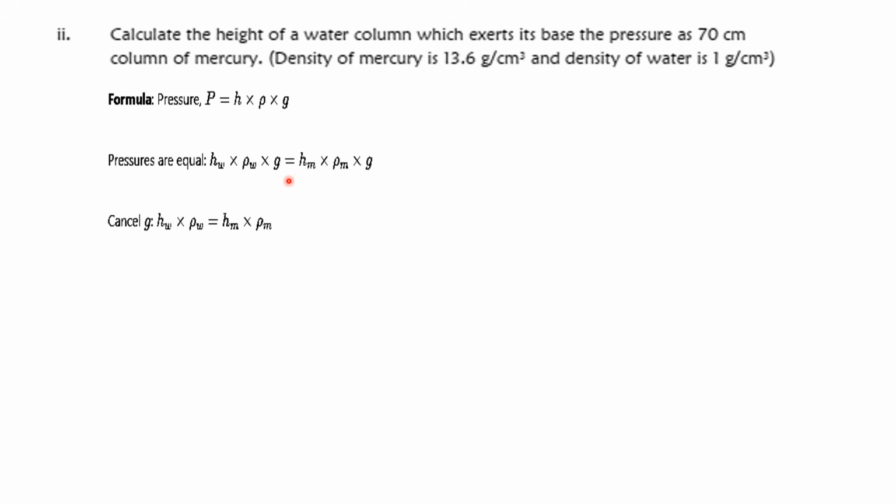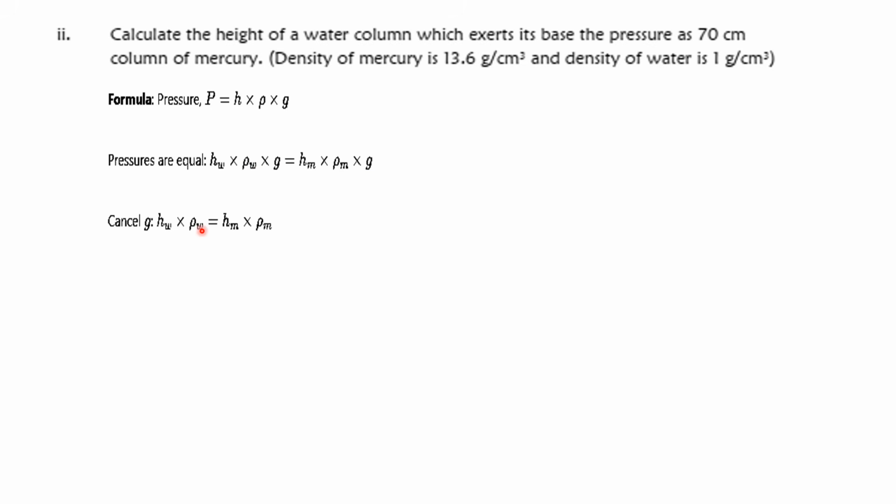So equating these two, the height of the water column multiplied by the density of water multiplied by g is equal to the height of the mercury column multiplied by the density of mercury multiplied by g. You see g is common on both sides, so you cancel that.